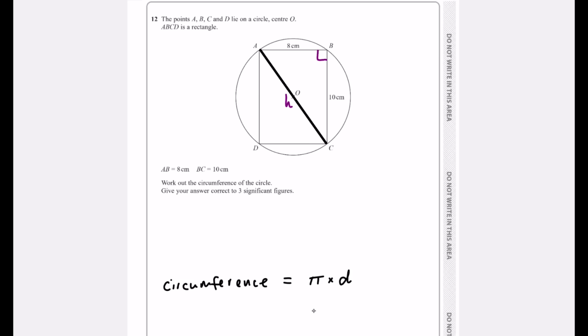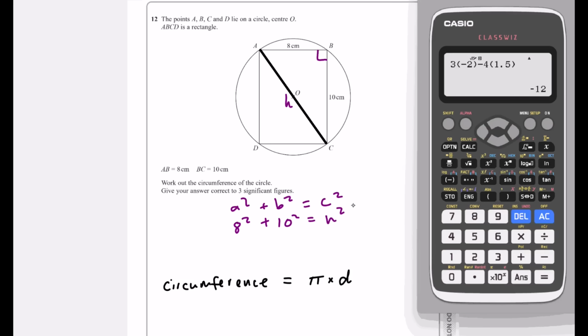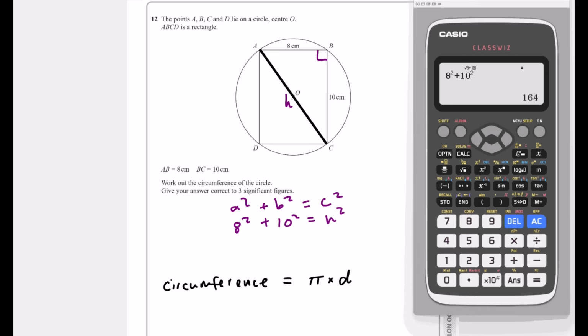So a squared plus b squared equals c squared. 8 squared plus 10 squared equals the hypotenuse squared. 8 squared plus 10 squared is 164.